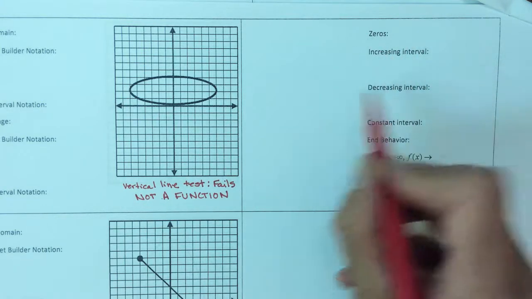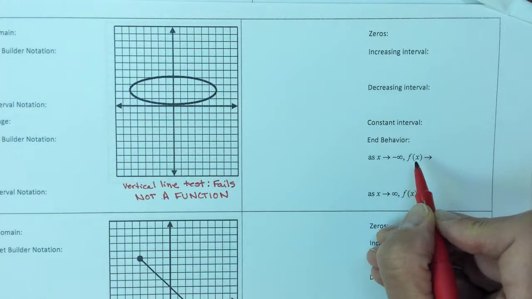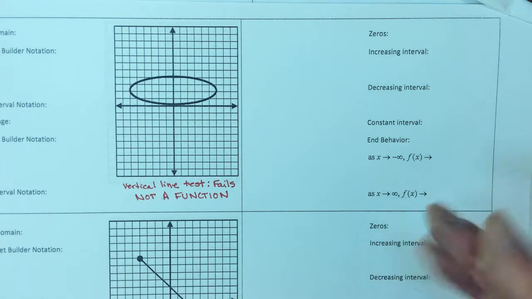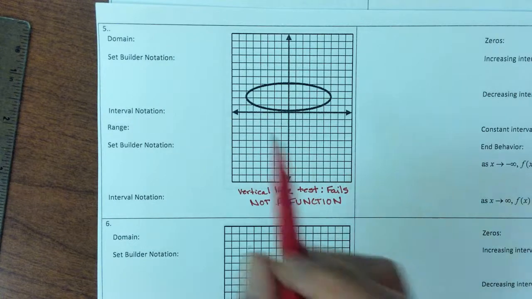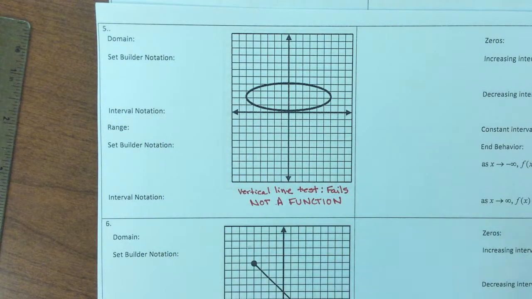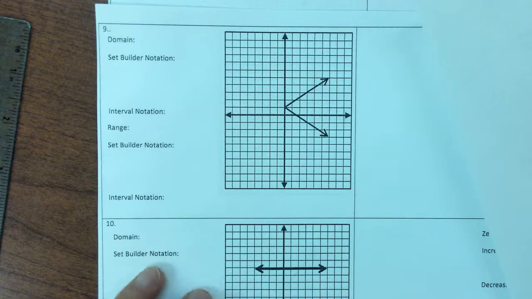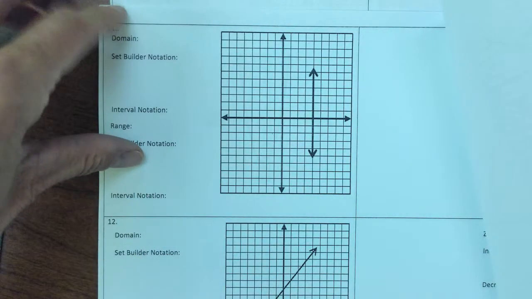So we can actually not do any of this. The fact that this is not a function, we can't talk about function behaviors. However, we can still talk about domain and range. So I'm going to let you try to figure that one out on your own. Let's look at number 15.